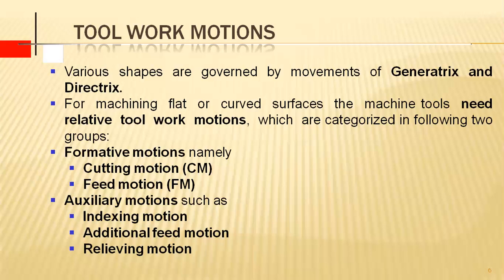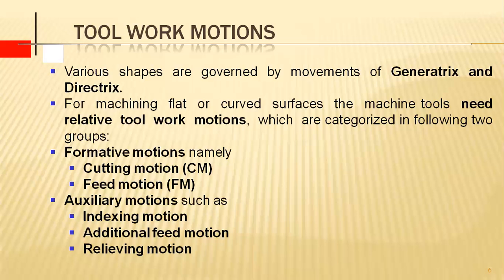The machine tools need relative tool work motions, so that they are free in the exercise of operations. For that, the motions exercised in the lathe machine are grouped into two different types.